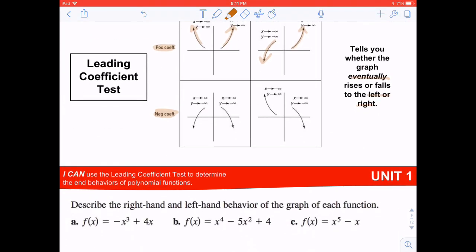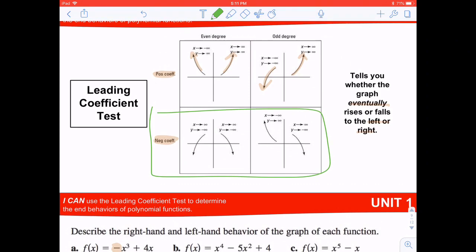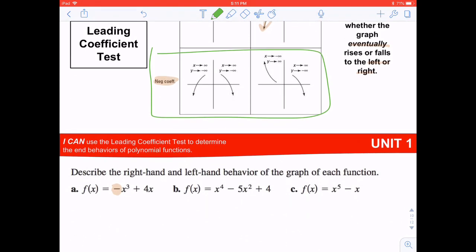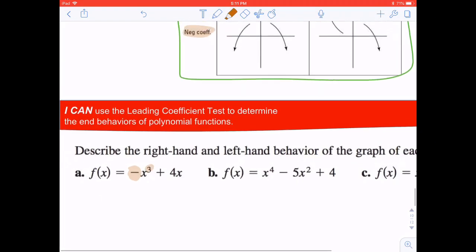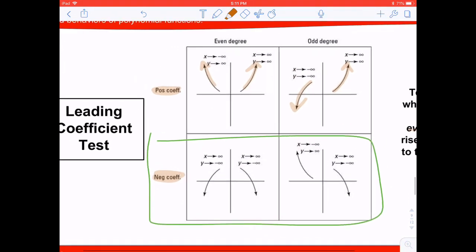So let's take, for example, part A here. The leading coefficient is -1. So we have a negative coefficient here. So I'm looking at these two options. And then I want to look at the degree of the function. So the degree here is an odd number.